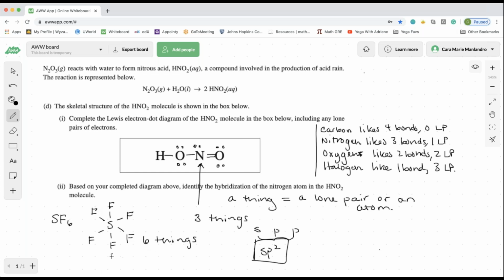For 6 things, you need 6 orbitals, but you run out of p orbitals after the third one, so you have to reach into the d orbitals. So this becomes sp3d2 to get to 6. Any questions on question 2?